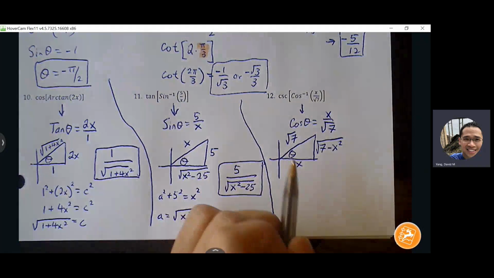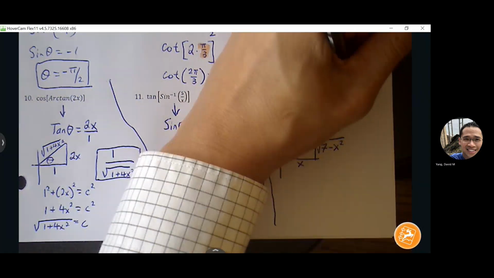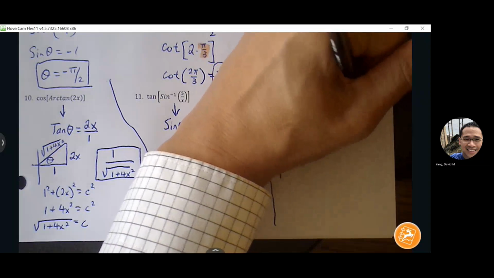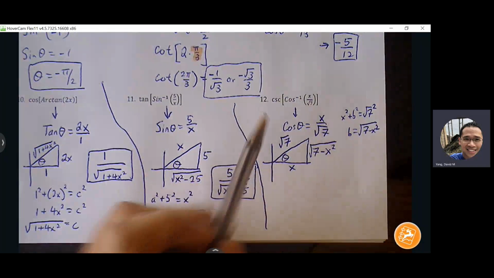Okay, Pythagorean theorem. Cosecant, what's cosecant of theta?